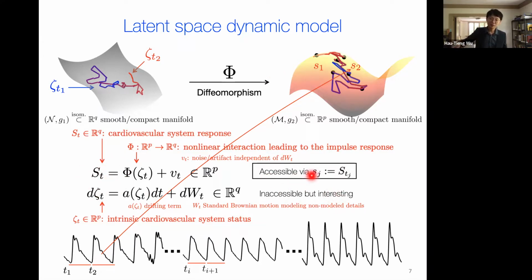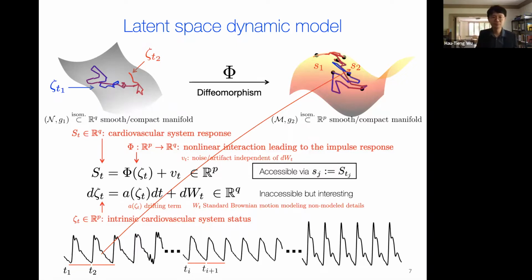Instead, you can only access S at discrete times, T_j, the impulse times. So in the end, you get a discretization of the dynamics on the right-hand side, which are associated with the dynamics in the latent space.